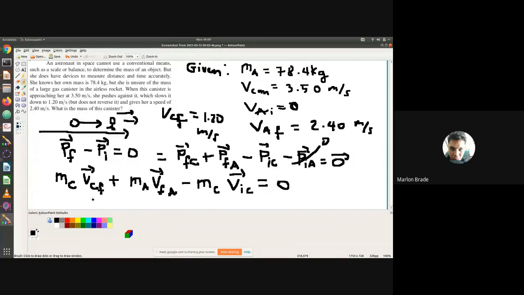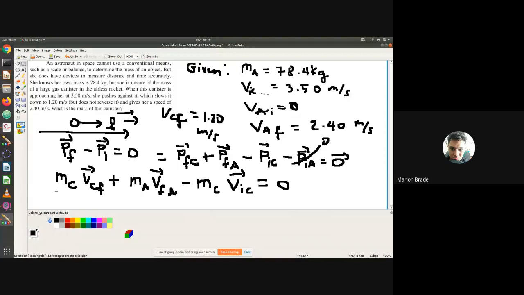Kay kabalo man ko sa VCF. VCF is 1.20 vector along i hat. So, the final velocity sa atong astronaut is 2.40 along i hat gihapon. Ang VIC is given pod. The initial velocity of the canister is 3.50. So, solve na tanan.